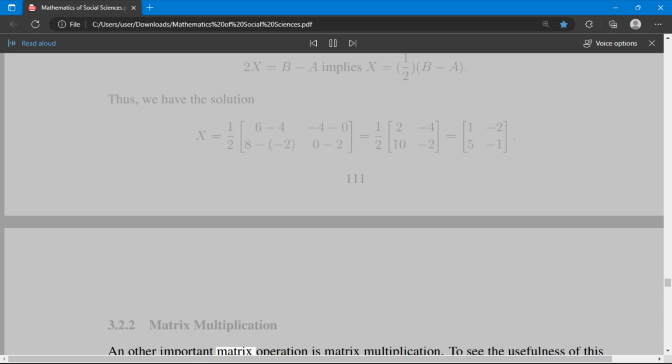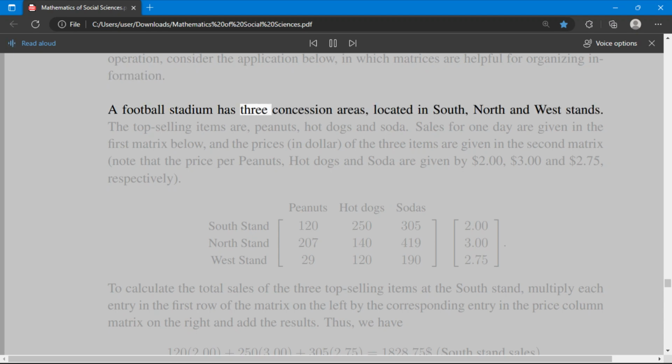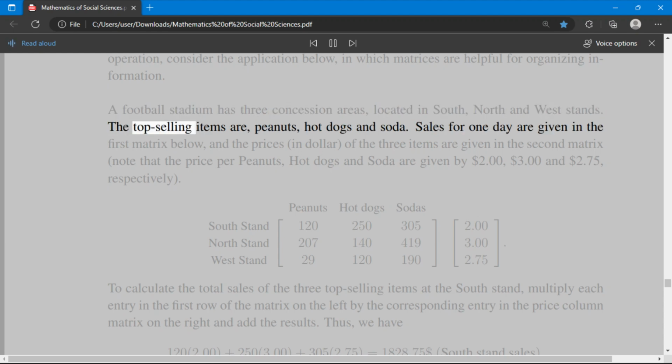3.2.2 Matrix multiplication. Another important matrix operation is matrix multiplication. To see the usefulness of this operation, consider the application below, in which matrices are helpful for organizing information. A football stadium has 3 concession areas, located in the south, north, and west stands.